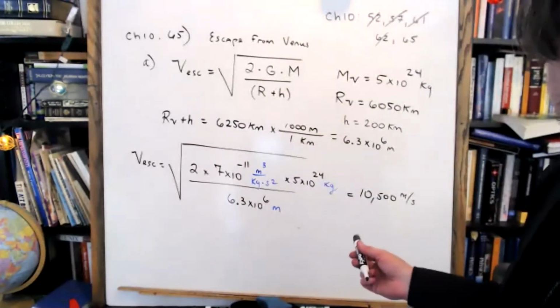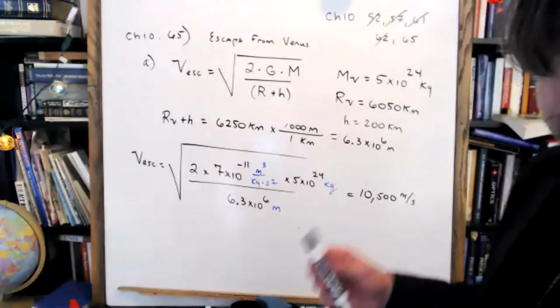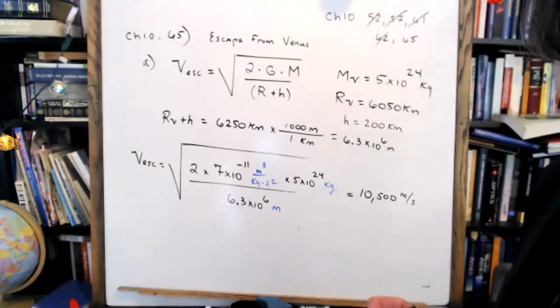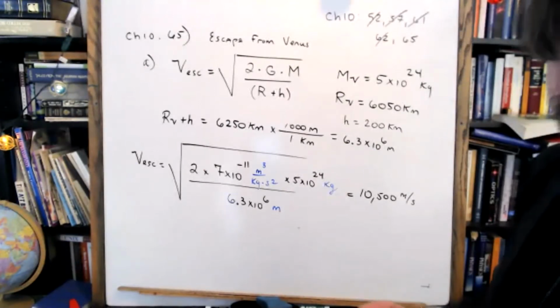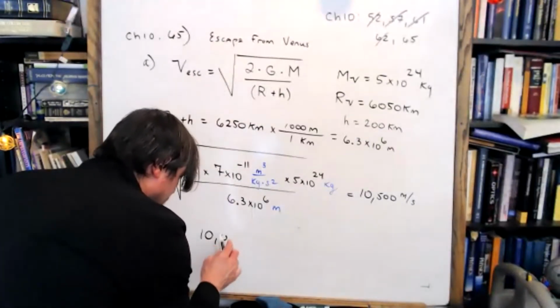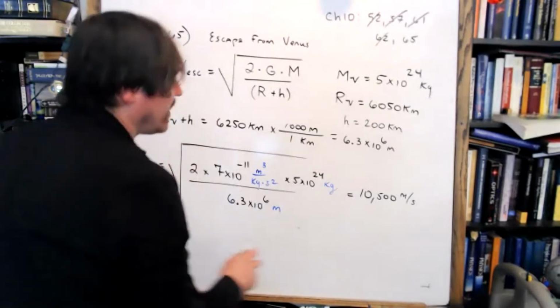Okay, anyways. It's customary to convert escape velocities into kilometers per second. How many kilometers per second is that? We multiply that times 1,000. All right, you need to do dimensional analysis then. 10,000. Oh, we divide it by 1,000. Fine, okay.